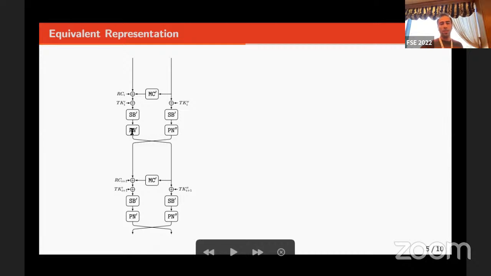Note that this P prime and P double prime are the shuffles of the nibbles for each half, and then of course there is a swap. And since this permutation of nibbles altogether is involutive, it causes P prime and P double prime to be inverses of each other.